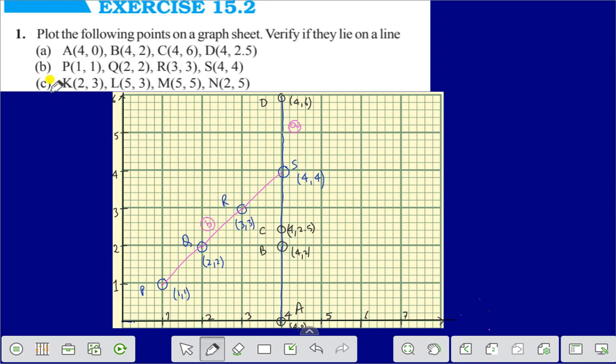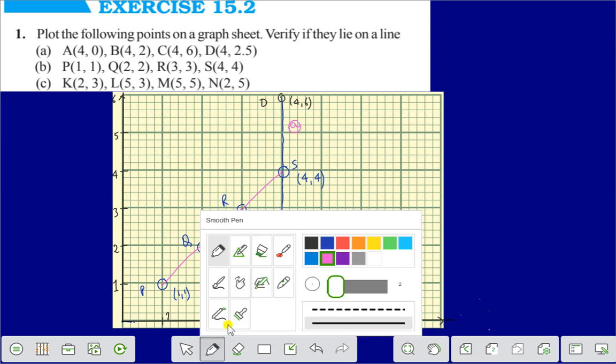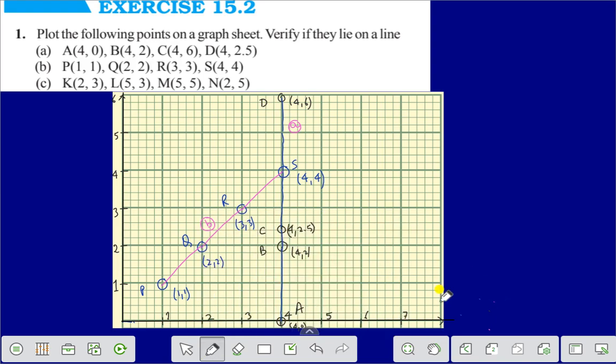Let us find question number C. K is (2, 3), x is 2 and y is 3.